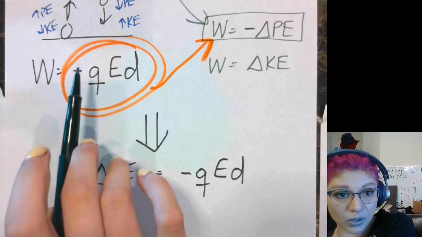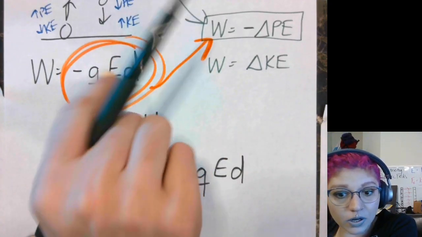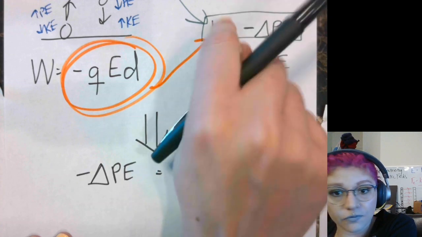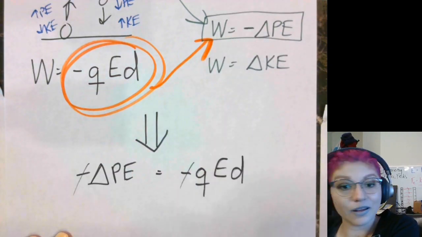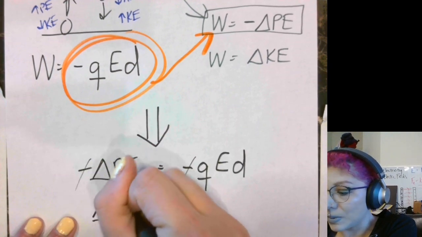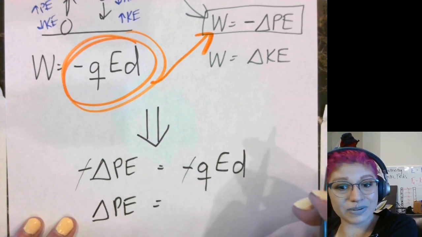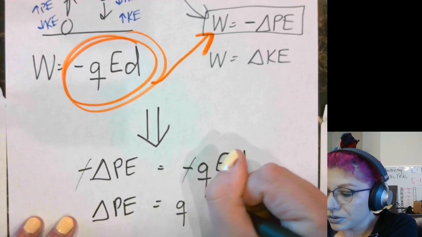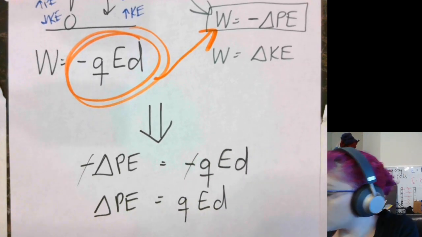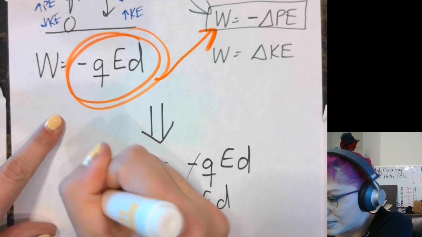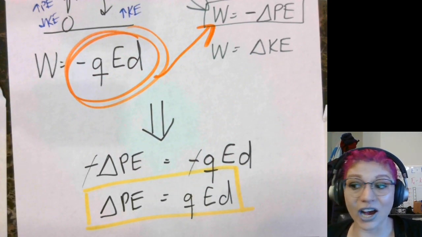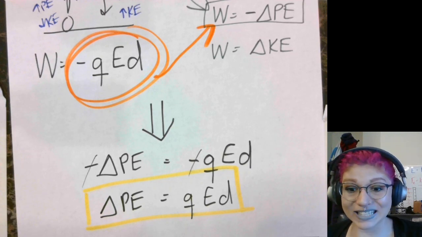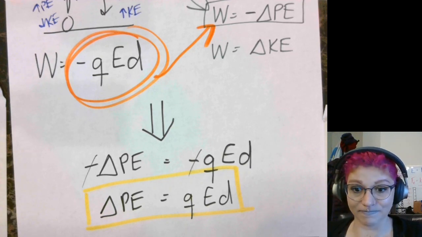Again, all I did was swap this half of the equation of work for this one. Okay, I can cancel out that negative sign, and what I end up with is the change in potential energy is equal to the charge times the electric field times the distance. Haha, we have now linked together the fundamental idea of how energy changes in an electrical system.